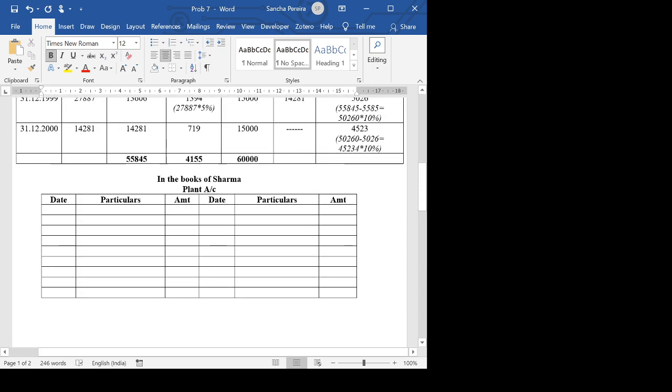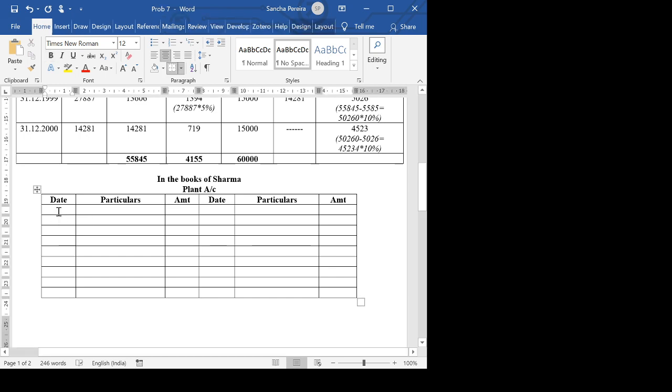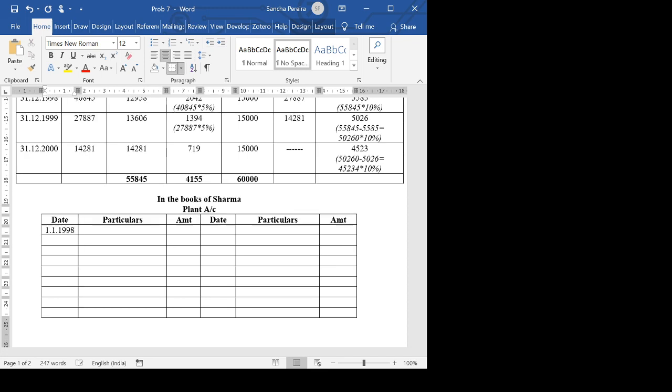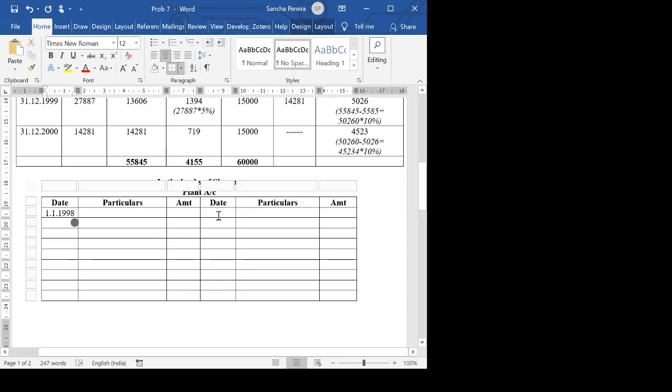Okay, so let's start posting. First entry is record the purchase. So how is the purchase recorded? Asset account debit to hire vendor's account. So plant account debit to hire vendor Ahuja. So on 1st January 1998, got the date correct. Plant account debit to Ahuja.